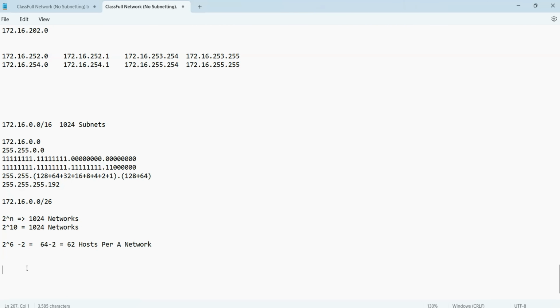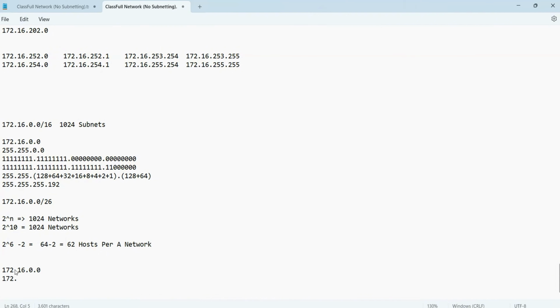So what I'm going to write over here is the jump start for the third and the fourth. I always start with a 0. So this one is going to go from 0 to 255, and this one is going to be jumping by what, folks? By 64. For example, the first network is 172.16.0.0. Always you're going to have subnet 0. 0.0 is the first network.